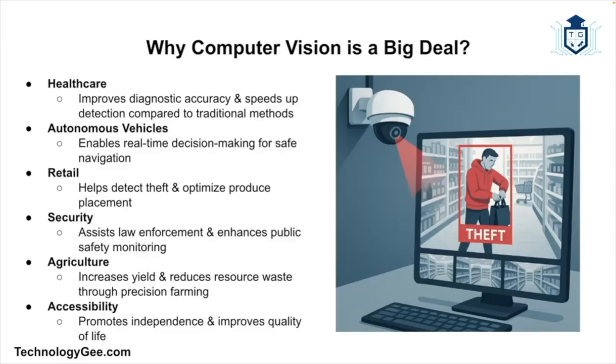When it comes to security, computer vision uses facial recognition for access control and surveillance. When it comes to agriculture, drones can scan crops for health, hydration, and pests. And when it comes to accessibility, there are applications that can help visually impaired users identify objects or read text out loud. And that's just scratching the surface. Computer vision is essentially everywhere and is growing extremely fast.